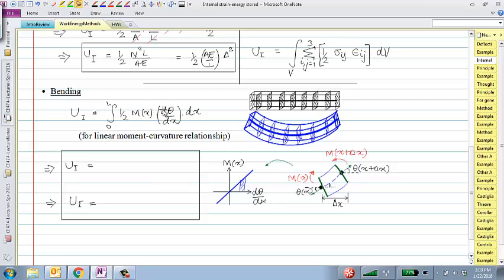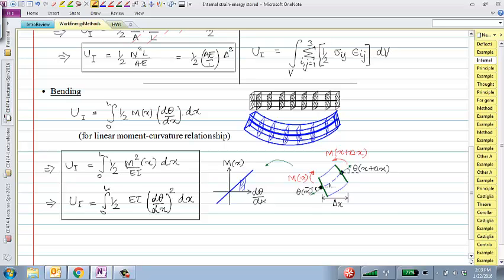If I substitute for curvature as M over EI, this is the same expression that we had, M square over EI as a function of x dx, integral 0 to L. Or if I substitute for this M here, that would be equal to half times EI times d theta dx square dx, integral 0 to L.